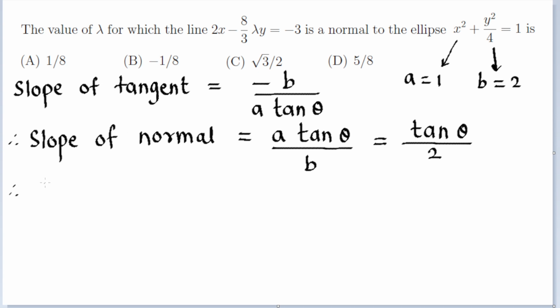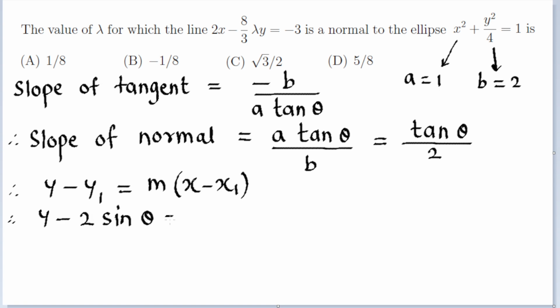We know that the equation of any line in general is y minus y1 equal to m into x minus x1, correct? So y minus, now y1 is given by b sin theta, right? That's a parametric coordinate, so that is 2 sin theta, equal to m, which is what we just found out, that is tan theta divided by 2, into the bracket x minus x1, which is a cos theta, and a is 1, so it is simply cos theta, right?